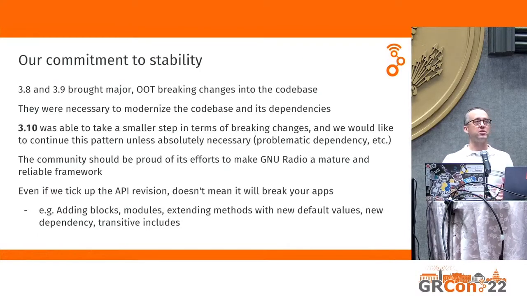A lot of times you get a dependency that becomes unmaintainable in modern distributions, becomes unmaintained, and is hard to install across a lot of distributions. So we took care of a lot of that in 3.8 and 3.9. With 3.10 and going forward, we want to take smaller steps in terms of these pervasive changes and reserve 4.0 for the big aggressive changes.